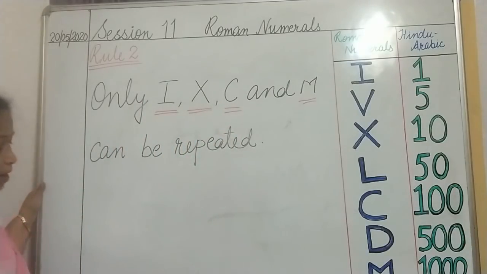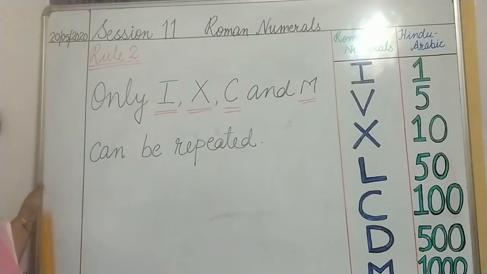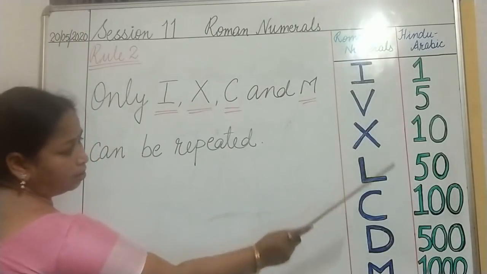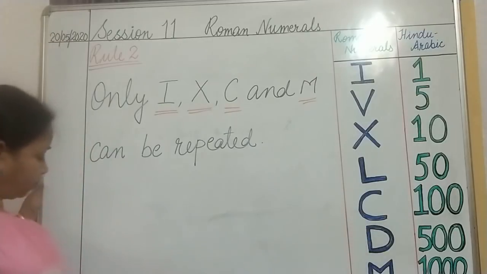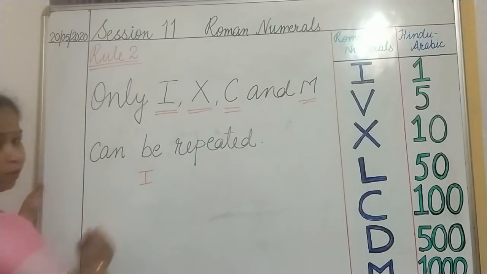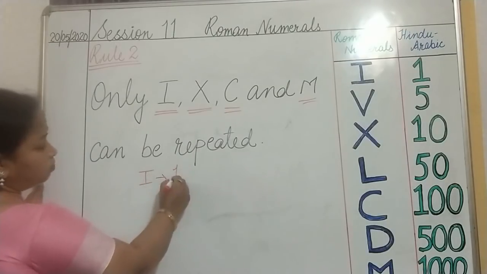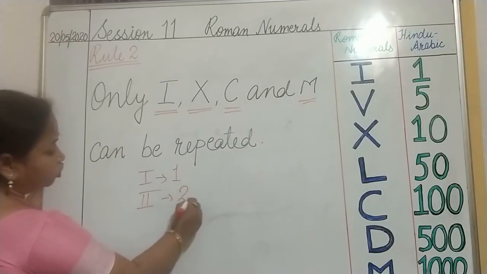It means that out of these 7 values, we are allowed to repeat I, X, C and M. And how many times? I have already told you. If I write a single I, this is your class 1, isn't it? So this means 1. If it is double, we say it is 2.